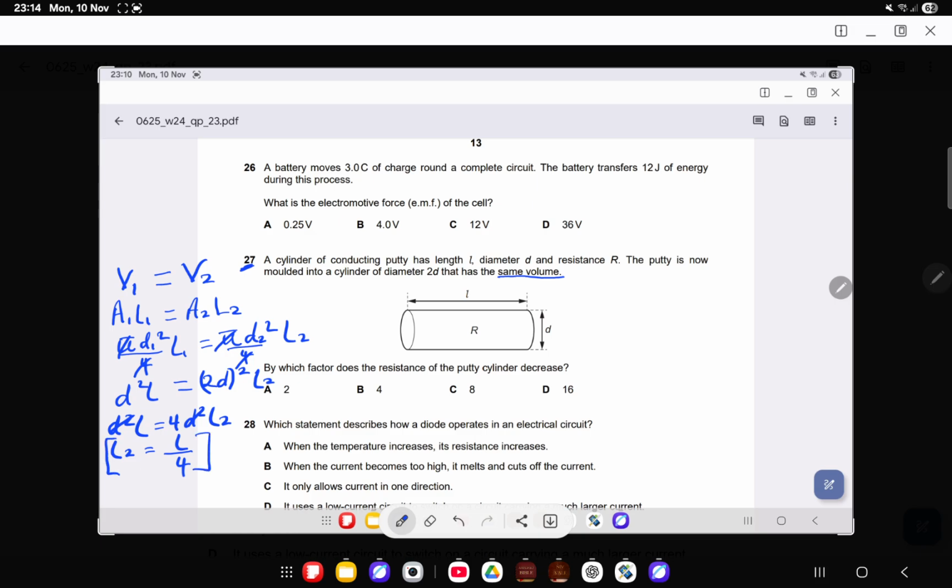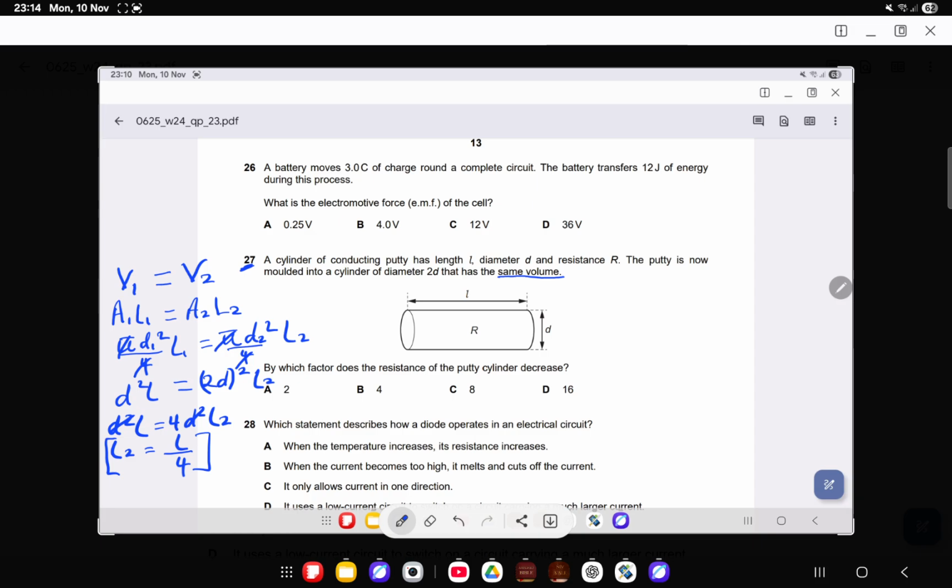Very important. Now we come to our resistivity, because it's of the same material. The same conducting putty is the same material, which means that the resistivities are the same. So we can equate the resistivity equation for before it was molded and after it was molded.